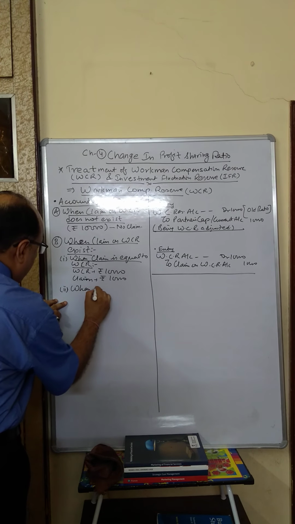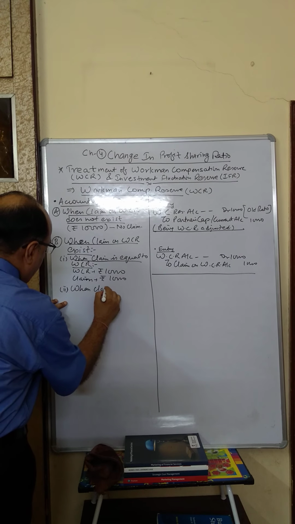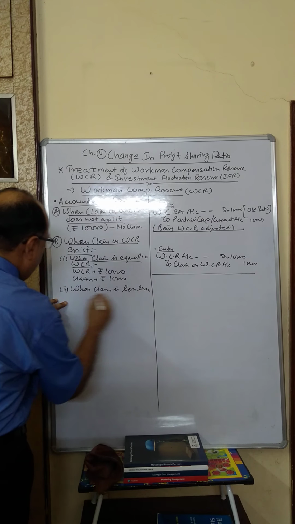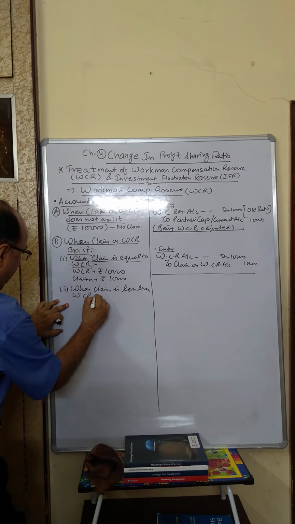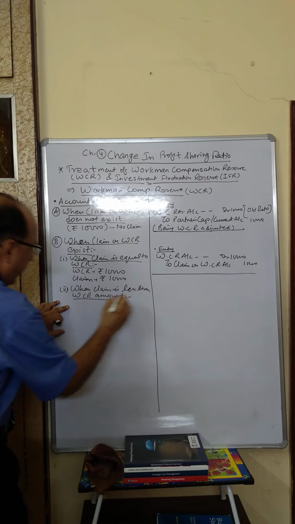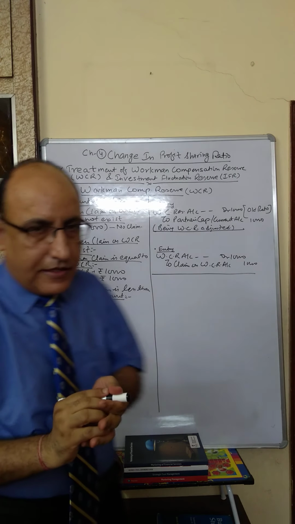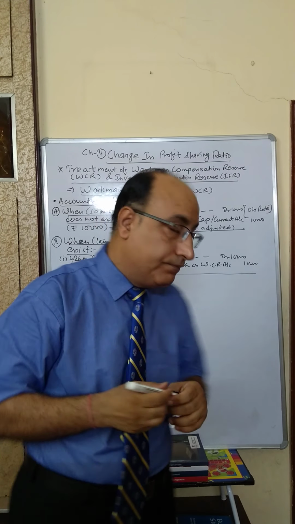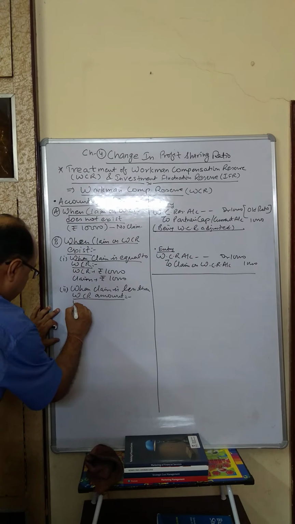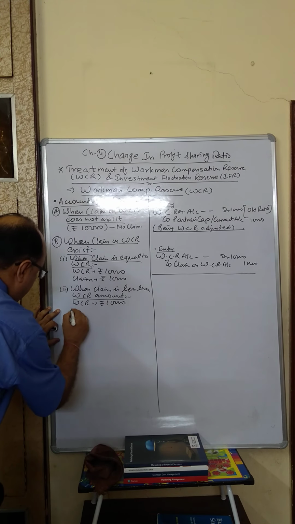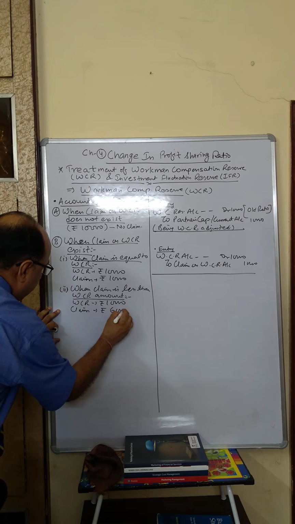Number two, when claim is less than WCR amount. It means you had created 10,000 and the claim has been made for 6,000. So WCR was 10,000, but the claim has come for rupees 6,000.